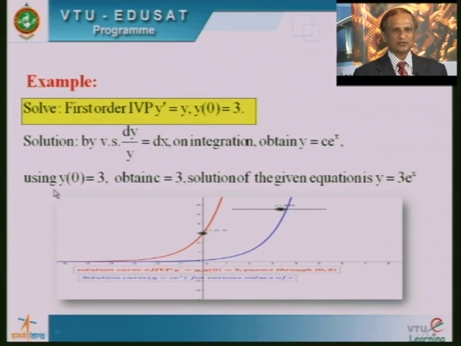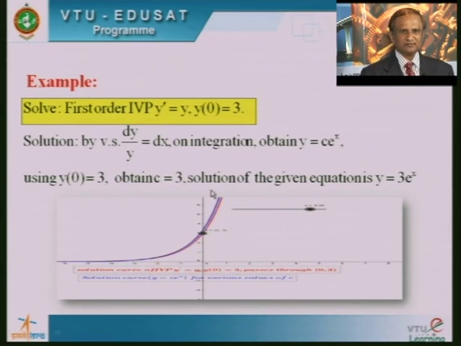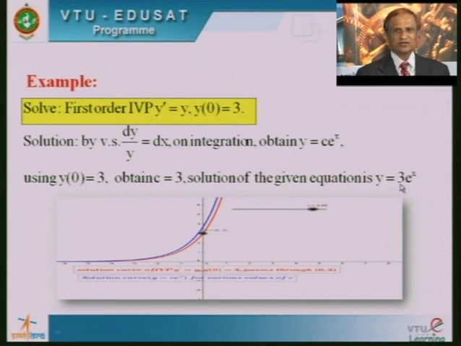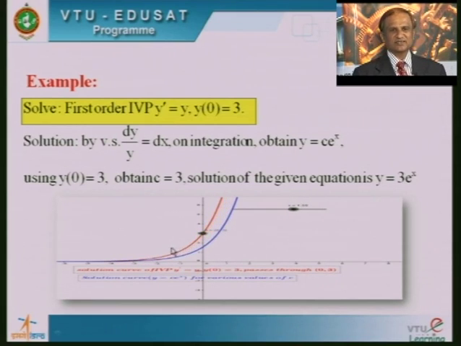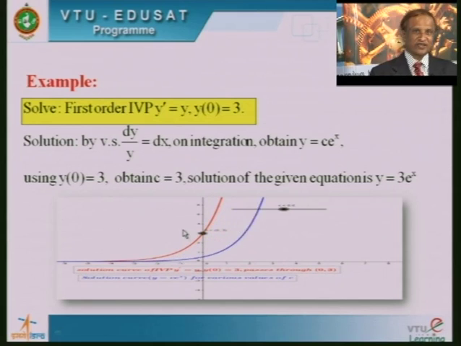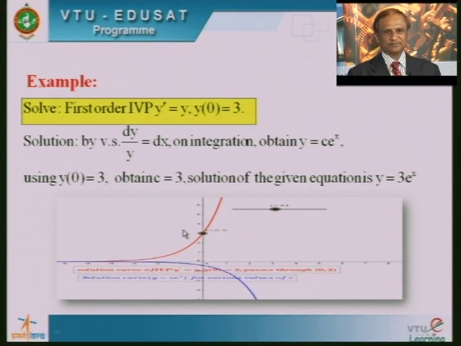Using y of 0 is equal to 3, we obtain the value of c. So, the particular solution of the equation is y is equal to 3 e to the power x. I hope, friends, all of you are observing this graph.